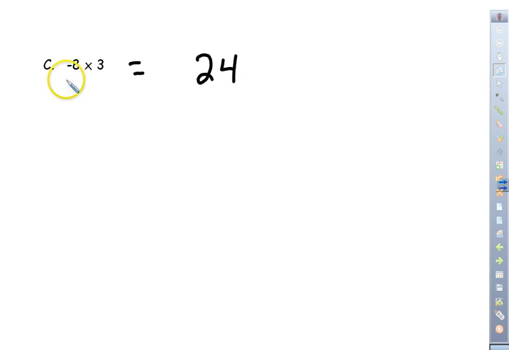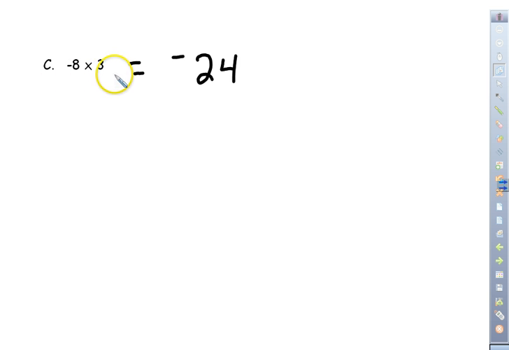Letter C. Go ahead and hit pause and solve this. So we have 8 times 3. It's going to give me my 24. And then unlike or different signs, therefore my answer is negative. It's not because the 8 is bigger than the 3. It has nothing to do with that. That all deals with your addition and subtraction rules.